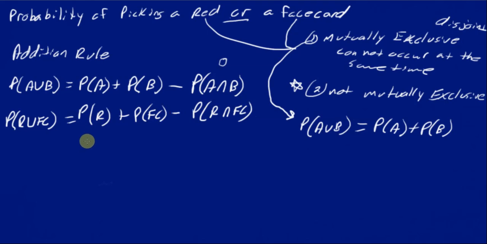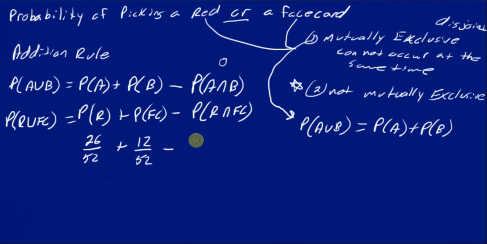So the probability of a red card is half the deck, so that's going to be 26 out of 52. Plus the probability it's a face card. Well, there are three face cards per suit, 4 suits, so it's going to be 12 out of 52. But how many of those face cards are red?